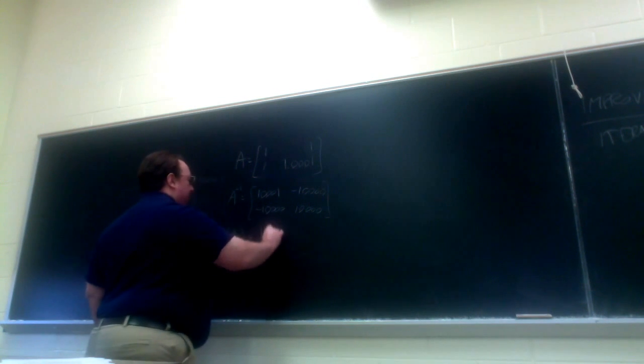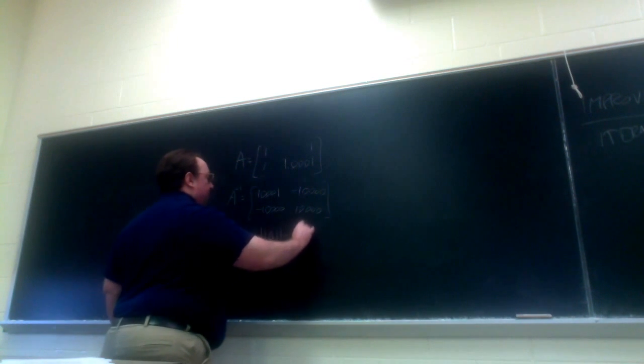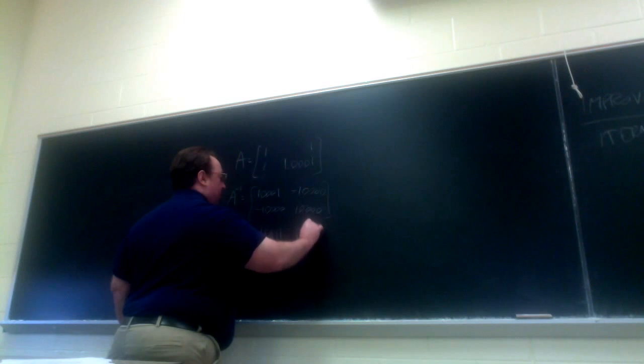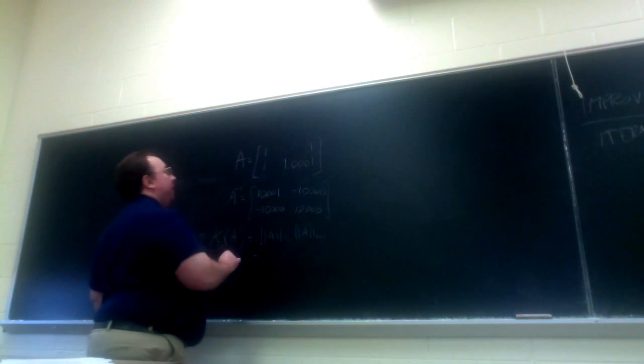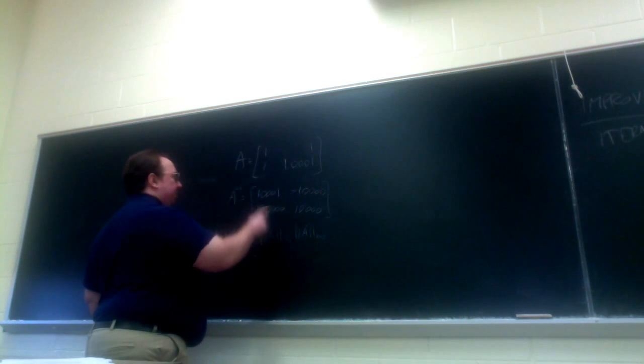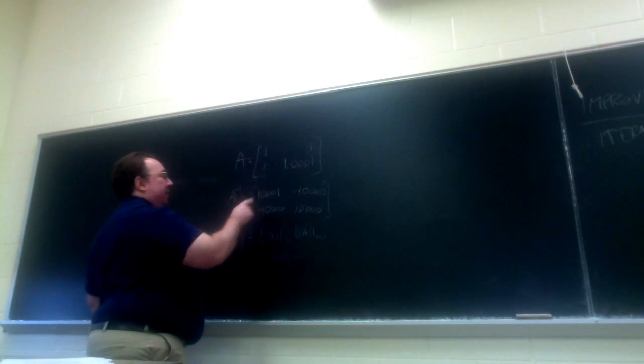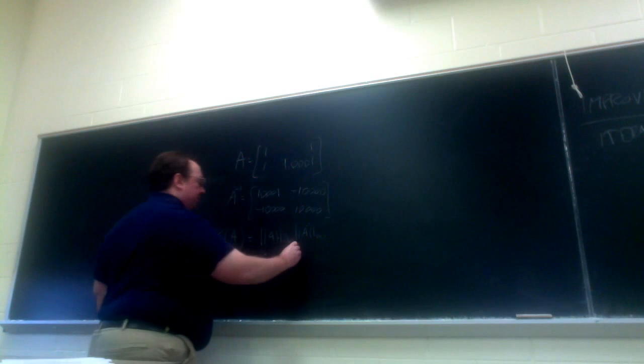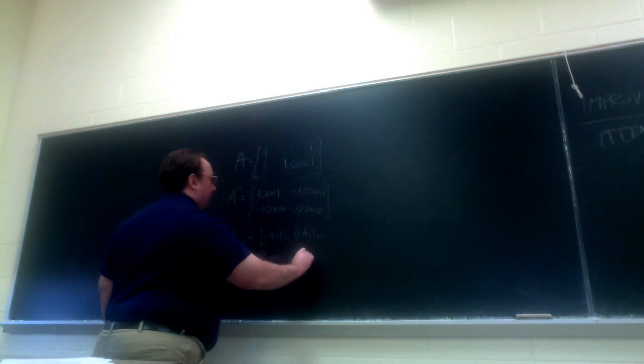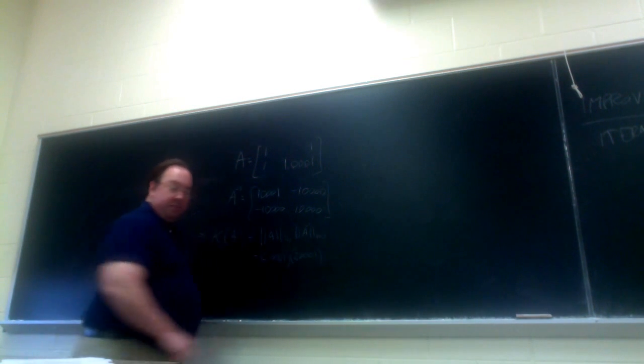Okay. So we have the infinity norm of A, infinity norm of A inverse. So maximum row sum, we're going to get 2.001 for that, and then we're taking absolute values, so it's 20,001.